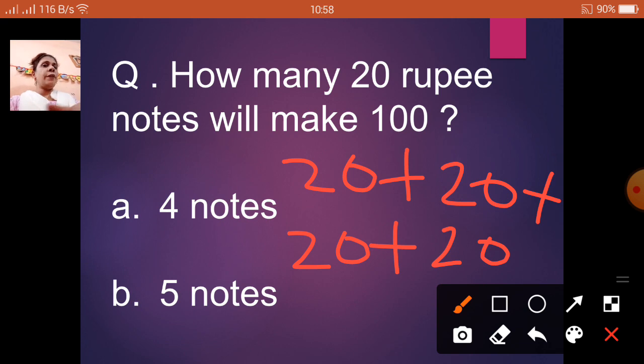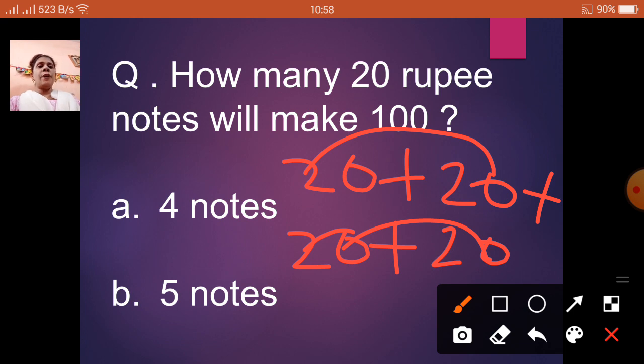First we will calculate with the 4 notes. 20 plus 20 will be 40. 40 plus 20 will be 60. And 60 plus 20 will be 80. Correct.